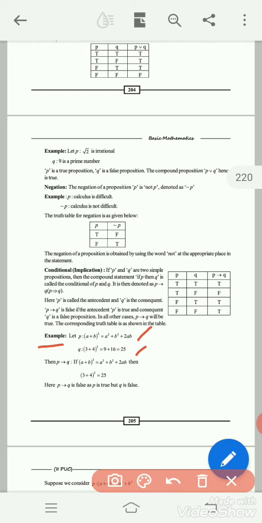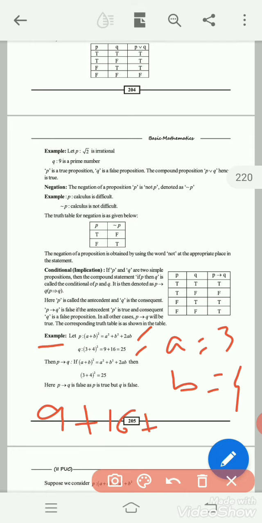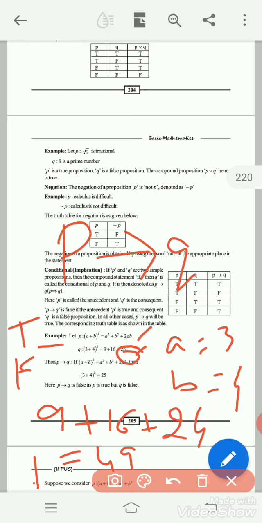If we substitute A equal to 3, B equal to 4, then you get A square 9, B square 16, plus 2 into 3 into 4. 4 3s are 12, 12 2s are 24. 16 plus 9 is 25, 25 plus 24 is 49. But here it is 25. Therefore, the first statement is true, the second statement is false. Therefore, here P implies Q is a false statement, meaning a wrong statement.